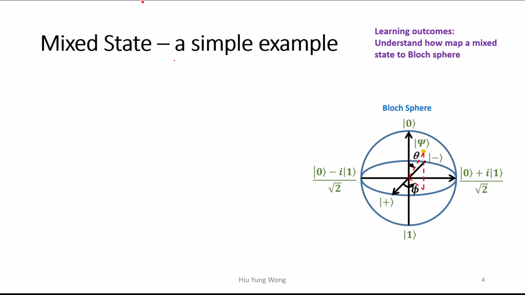We say that we might have a mixed state which is given by alpha square percent of 0 and beta square percent of 1.